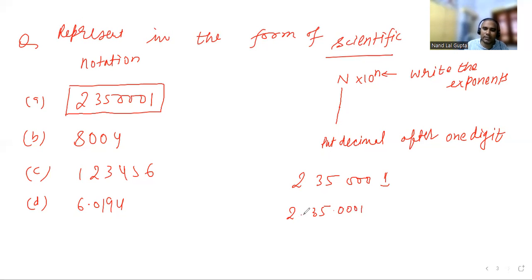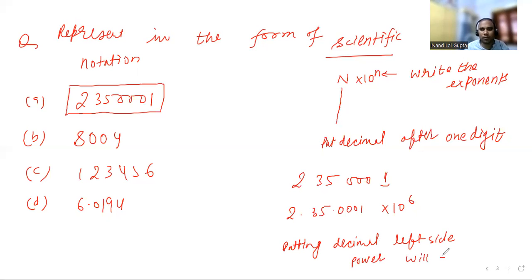Since you put the decimal here, how much zero you need to put? 1, 2, 3, 4, 5, 6. If you are putting the decimal going left side, the power will be positive.